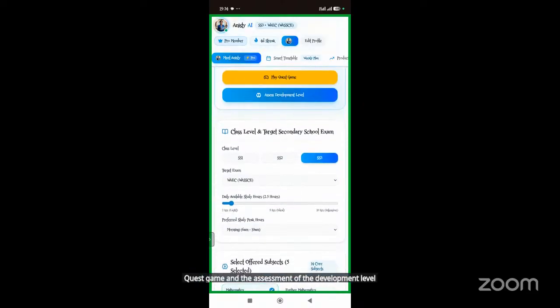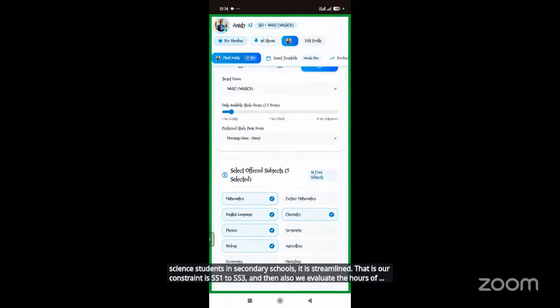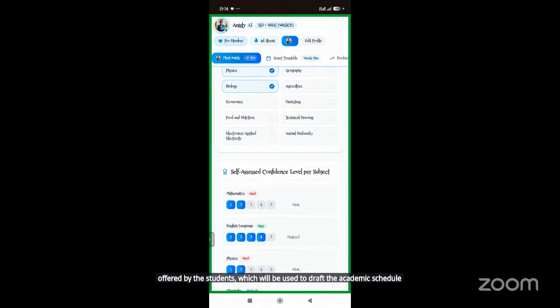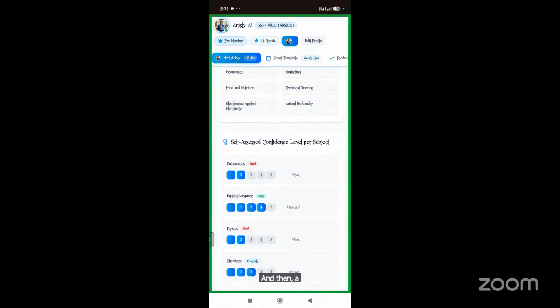Since it is for science students in secondary schools, it is streamlined. That is, our constraint is SS1 to SS3. We also evaluate the hours of study. And this is the total subjects offered by the students, which will be used to draft the academic schedule. Then a confidence level will be given to the students.